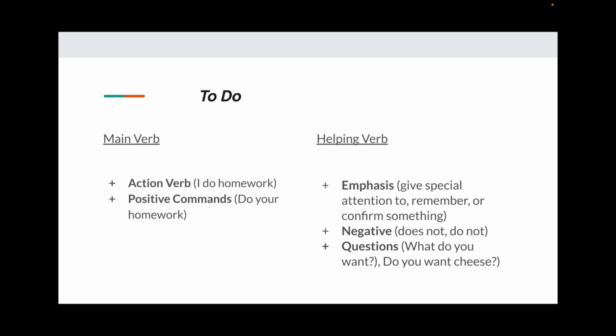We can also use to do as a helping verb for emphasis, whether it means giving special attention to the main verb or when we remember something or we're confirming important information. We could use it to form negative sentences as a helping verb with does not or do not. And we can also use it to form questions, which we will discuss in part 2.